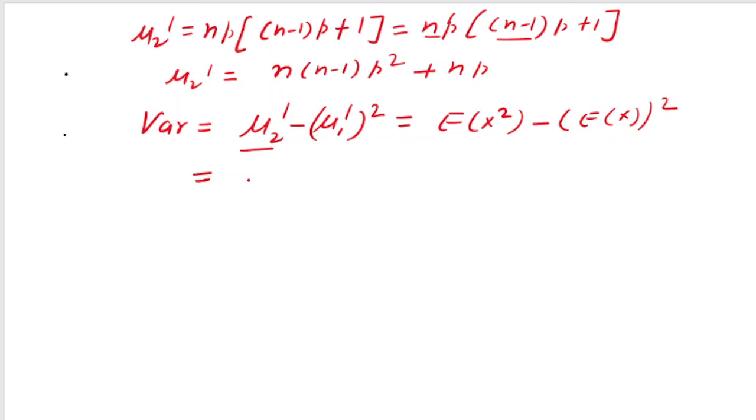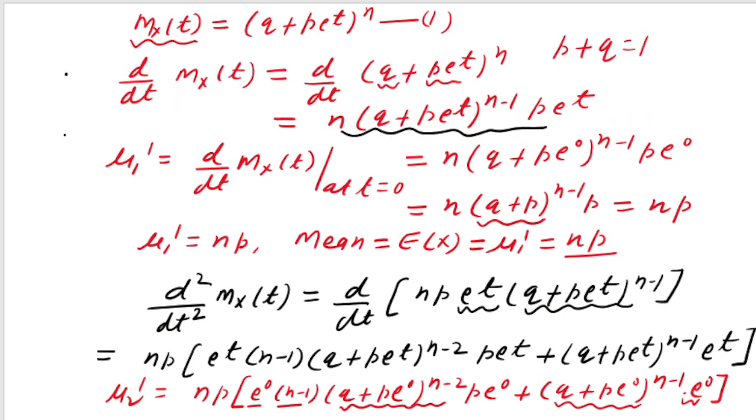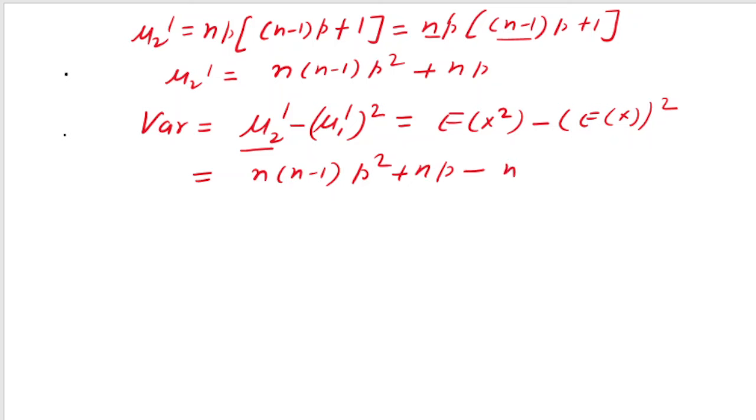So I have got mu2 dash, that is n into n minus 1 p square plus np. And what is expectation of x? The mean I have got np, so I write here n square p square. So if you simplify this variance of x, what will you get? n into n minus 1, this term will be giving you n square p square, minus np square plus np, and minus n square p square.